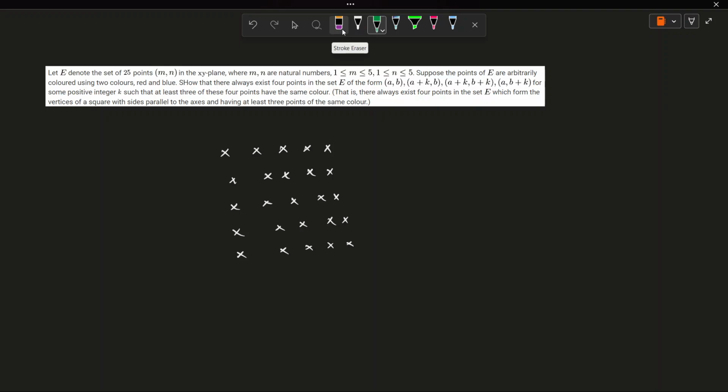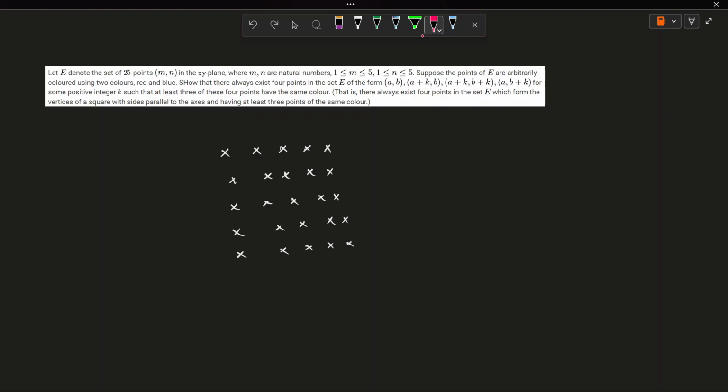First let us use the pigeonhole principle on these 5 points. There exist 3 points among these five which are of the same color.